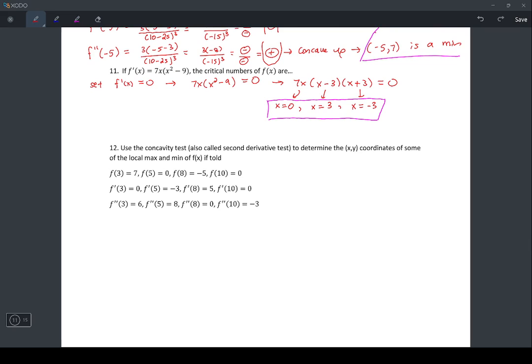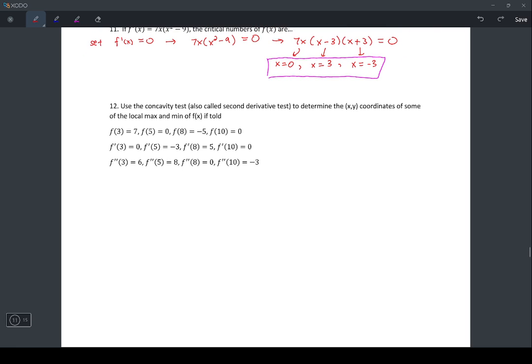Okay. Question 12 asks us to use the concavity test, which was the test used in question 10, to determine the xy coordinates of some of the local max and local min. So step 1, check for critical points. That means f prime of x is equal to 0.